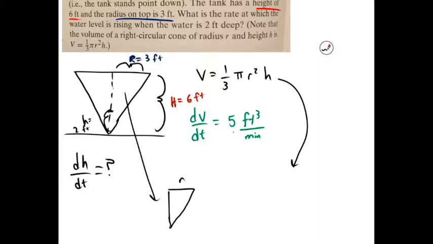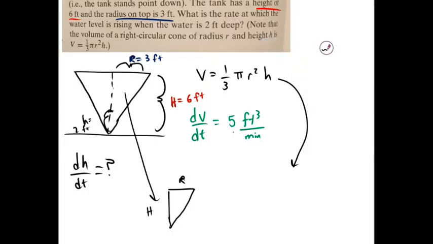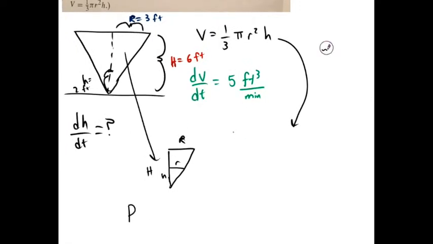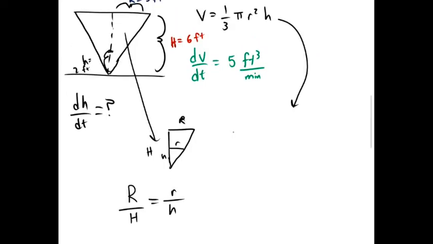We have capital R and capital H. As the water level is rising, we also have the current radius of the cone and the current height of the cone, lowercase r and lowercase h. By similar triangles, capital R over capital H should equal lowercase r over lowercase h.